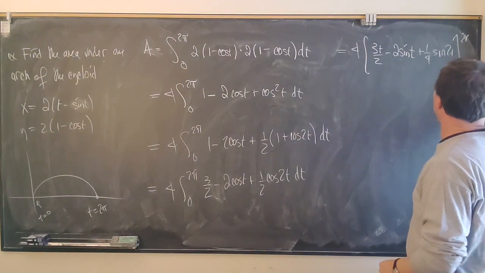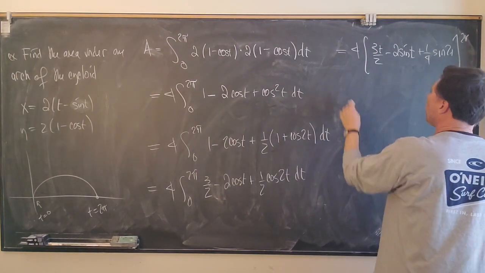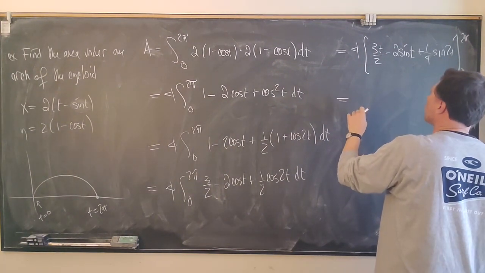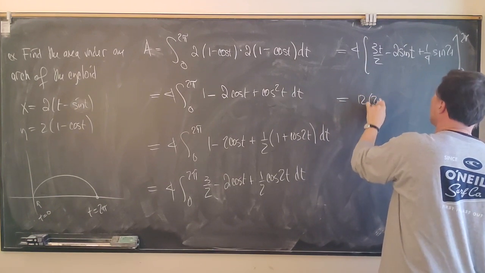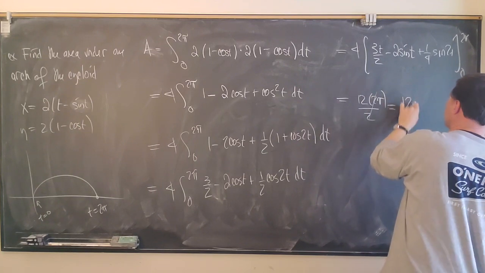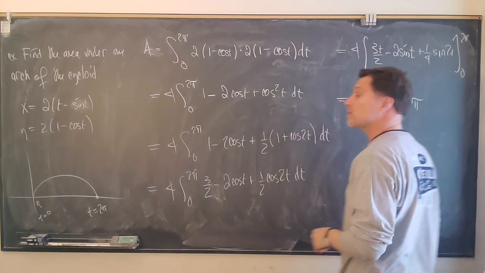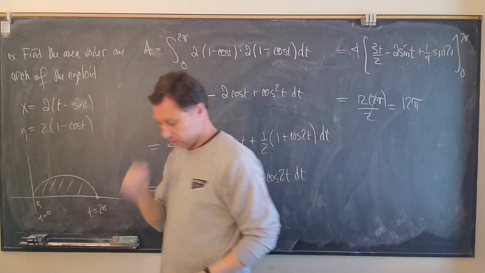When I plug 2 pi into the sine function in either of these, I just get 0. And so what we'll be left with is 4 times 3 times 2 pi over 2, so that's going to be 12 pi. Right? So that gives us the area under one arch of that cycloid.